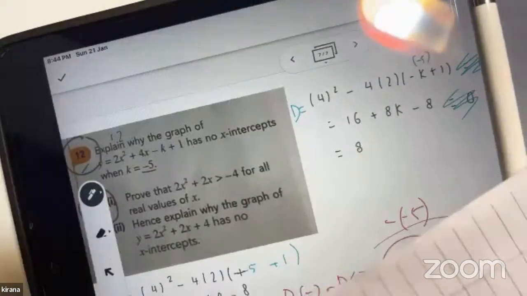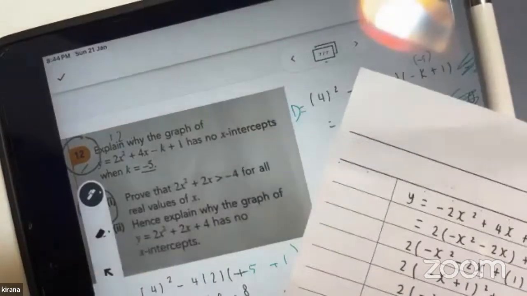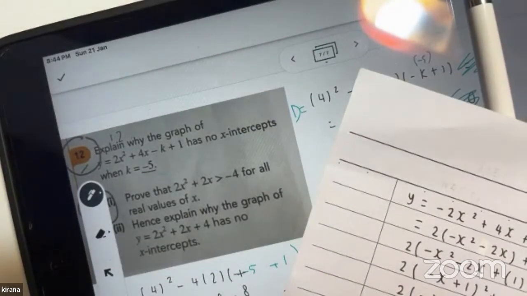Because that's what they understand, that's what they learn, and that is what makes sense. If you understand it, that is really what it means. Oh, discriminant smaller than 0. Oh, it's floating. Floating, no intercept. Correct or not? Floating means no intercept. And that's all you need to write after minus 32. Do you understand?